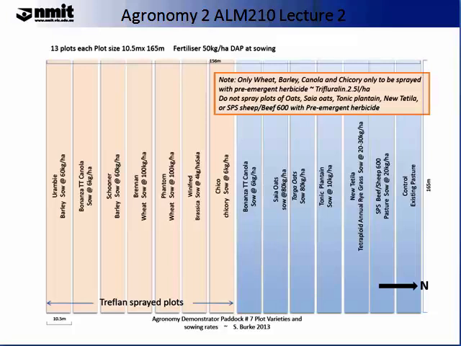We do not spray oats, tonic plantain, new tetea, or the SPS sheep beef 600, which is a mixture, with the pre-emergent herbicide. We added fertilizer DAP at sowing, and you can see the previous slides in this presentation for details about DAP and what it is. Each plot size was 10.5 metres by 165 metres long.